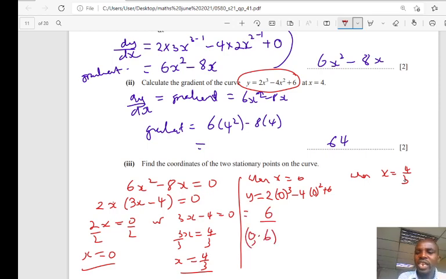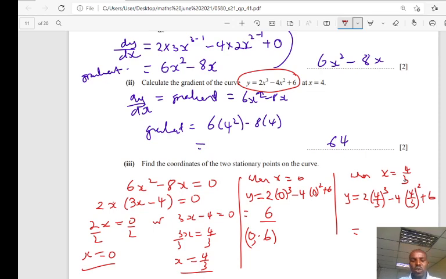That's the first coordinate. The second one, when x is 4 over 3, y will be equal to 2 times 4 over 3 cubed minus 4 over 3 squared, then plus 6.